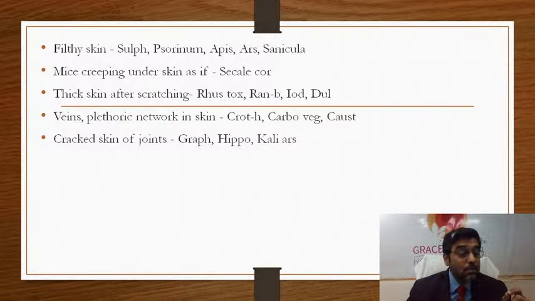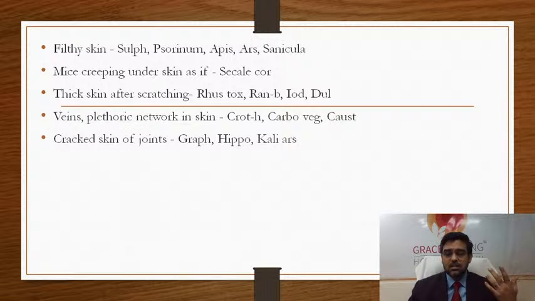If you have used this remedy, it is very, very important to understand the skin symptom. Please go home and read about this remedy. It is a very important remedy that you should know. Maybe the remedy is not so much used because it is not a polychrest and it is not being taught so much, that's why we fail to appreciate the symptoms of this remedy.